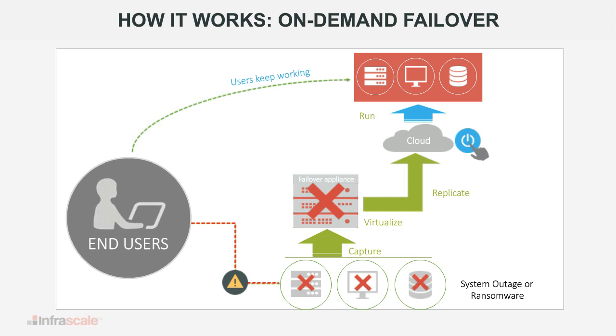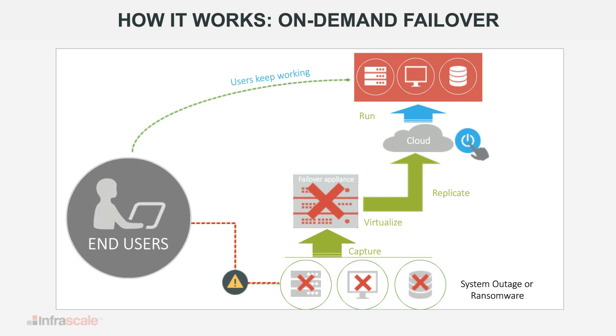And so this is essentially what Infrascale offers, a cloud DRaaS solution. All of the backups are going to be replicated off-site to allow for a much faster recovery, and it can be a cloud-based recovery of entire machines. The end users can continue to work while that production environment is repaired, right? So we need that failover.